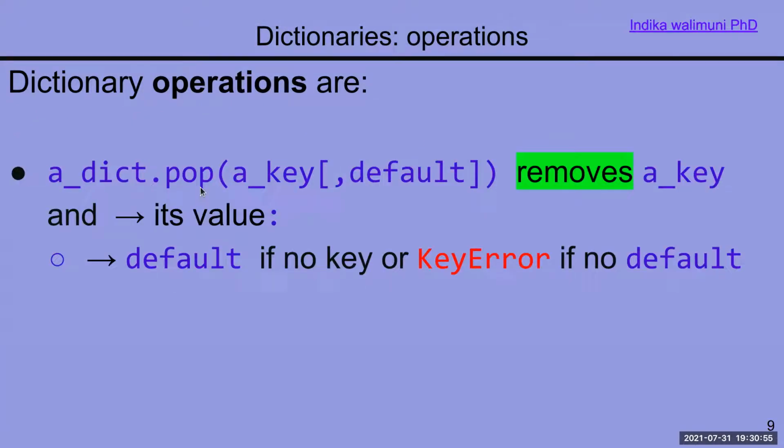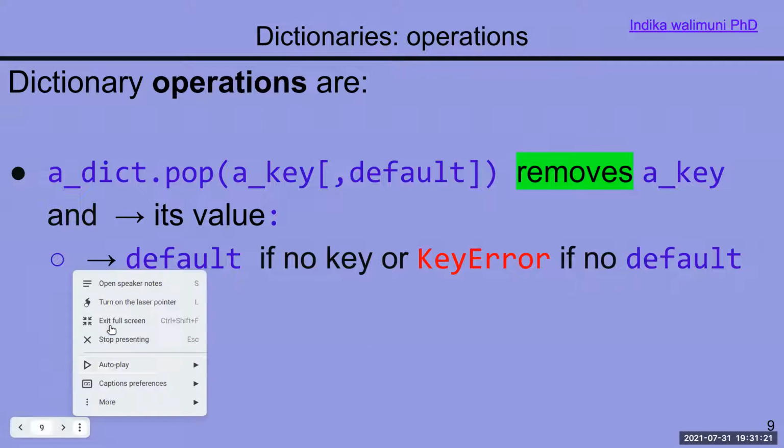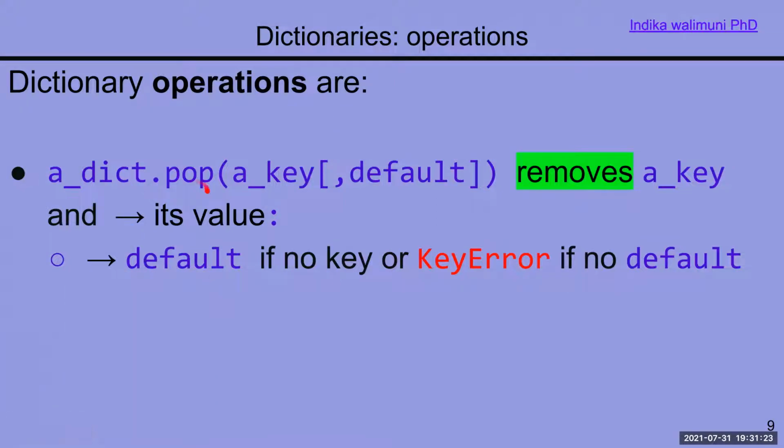You can pop an element: when you pass a key, Python removes that key value pair from the dictionary. When it does this, it also returns the value, so it removes that key value pair and returns that key's value.